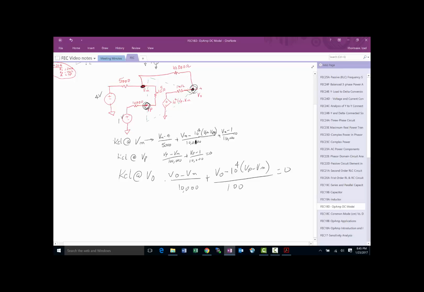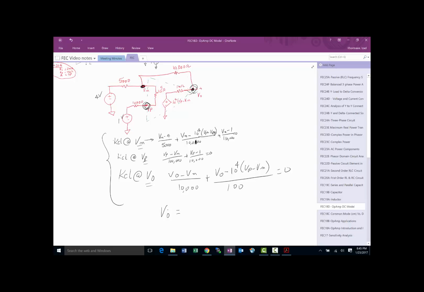Now I've got three variables. I've got the Vout variable, Vp variable, Vn. I have three equations, and at this point it's pretty straightforward where you solve it and you're able to find Vout. So I'm going to let you solve the system of equations if you're interested in doing it. I'm not going to do it here.